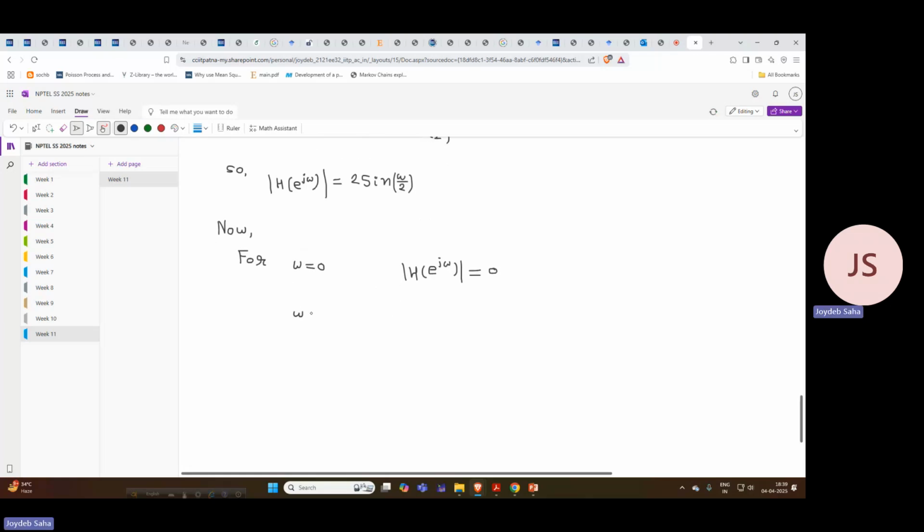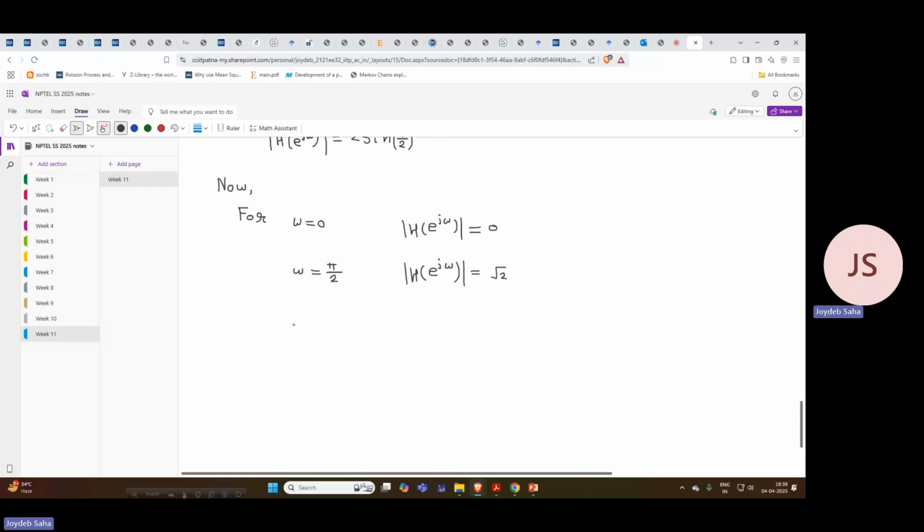For omega equal to pi by 2, mod of H of e to the power j omega is equal to root 2, and for omega equal to pi, mod of H of e to the power j omega is equal to 2.